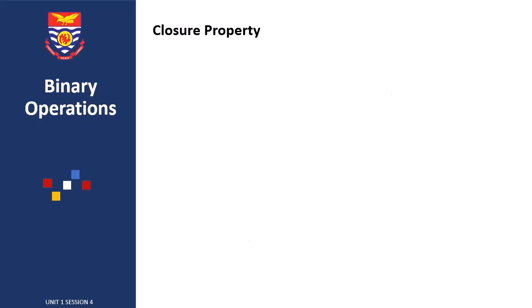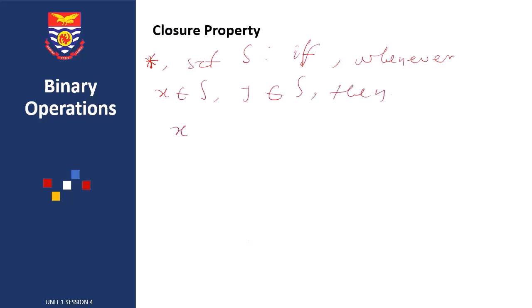Let's say that a binary operation star is said to be closed on a set S if and only if, whenever X is a member of S and Y is a member of S, then X star Y is also a member of S. So once this condition is satisfied, then we can say that the operation star is closed on the set S.